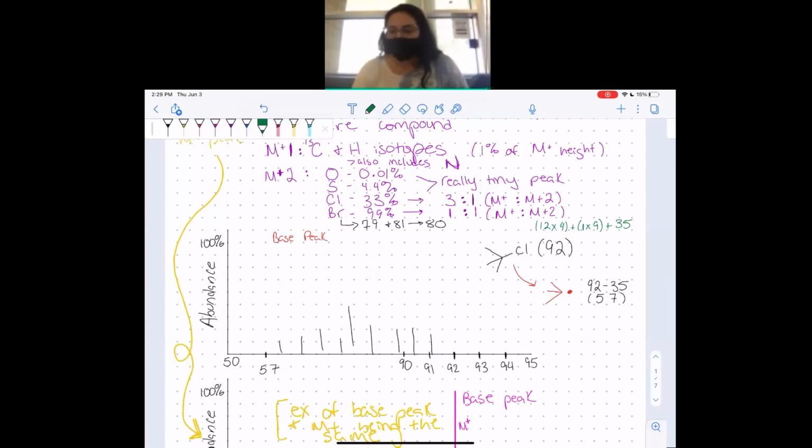So altogether, that equals 92, and that is the mass of the molecule. Does that make a little bit more sense?